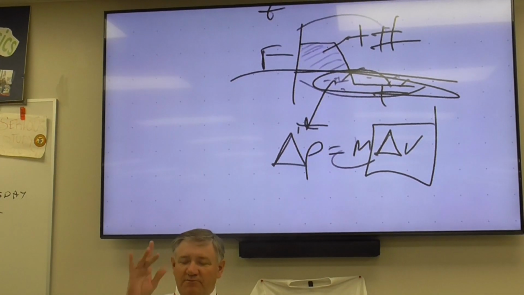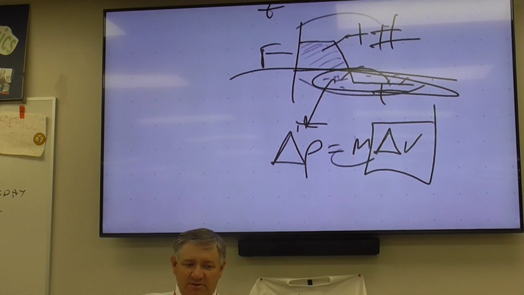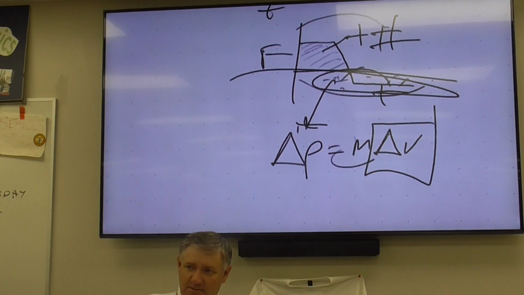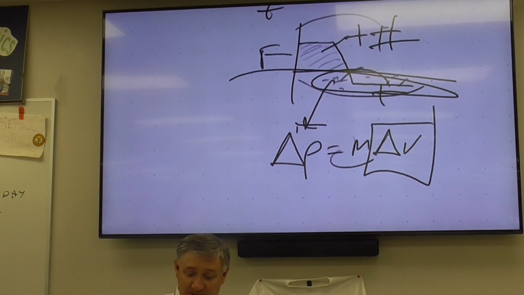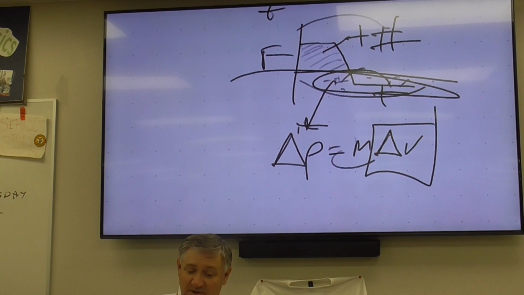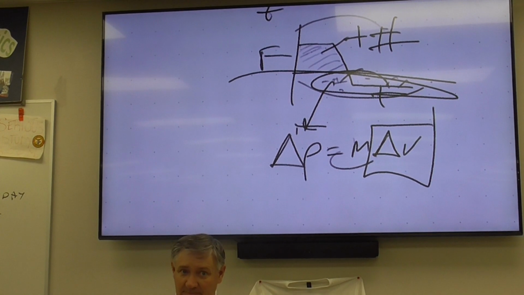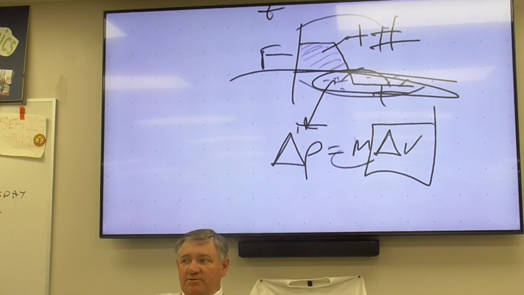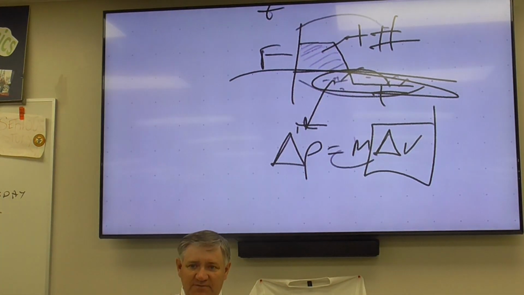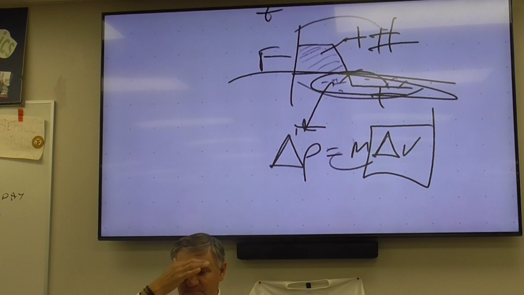So if push comes to shove and you're stressed for time, make sure you do 14 and 15. Those were kind of the big problems on the test. I'm not saying the other ones aren't important, but if you're running short on time, make sure you do 14 and 15.